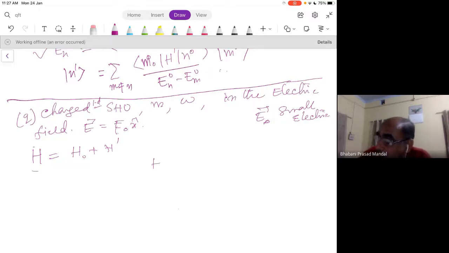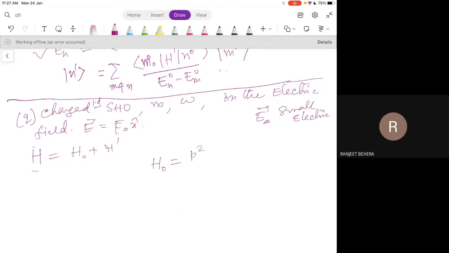H0 is known to you. For example, if I ask Ranjit Behra, what will be the H0 for a harmonic oscillator? Sir, p square by 2m plus half m omega square x square.